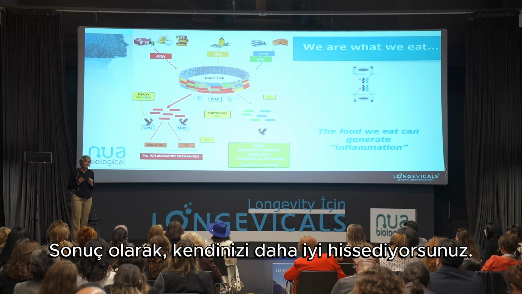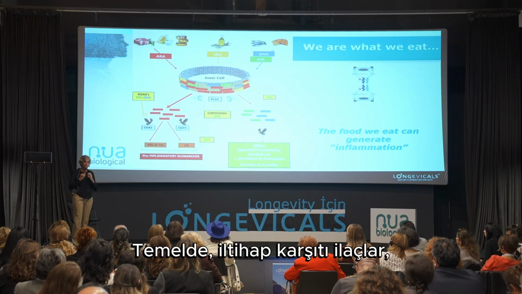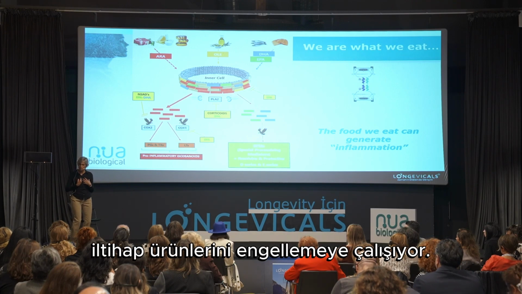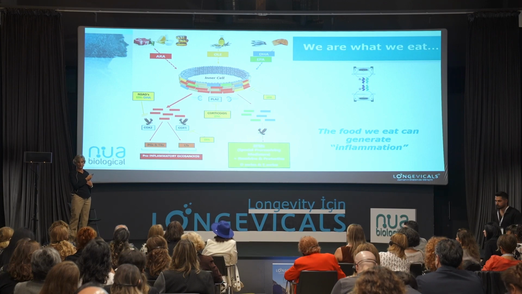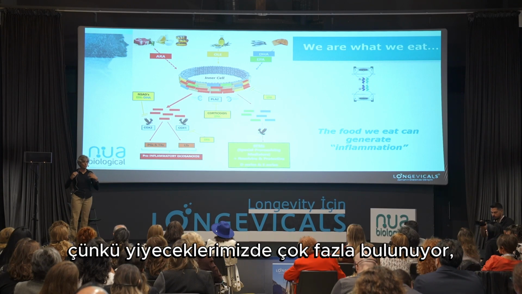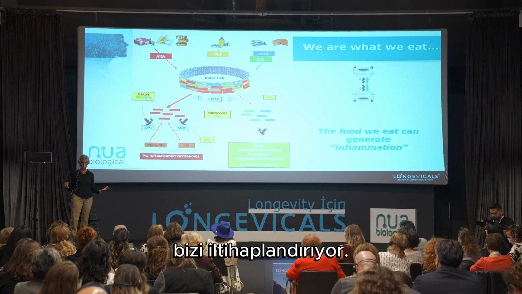So basically, when you take anti-inflammatory drugs, they are trying to prevent the inflammatory products that our body produces because of the food we eat. The fatty food we eat has, especially, arachidonic acid, because it's so much present in our food, is inflaming us.